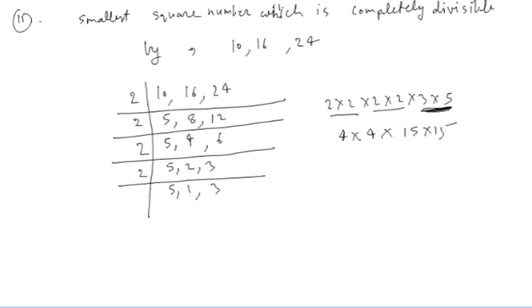So 2 to the 4, this number is 60, 15 for the 60 and 15 for the 60. So square of 60. So the number is 1600. So this is the smallest square number which is divisible by 10, 16 and 24. So this is our answer.